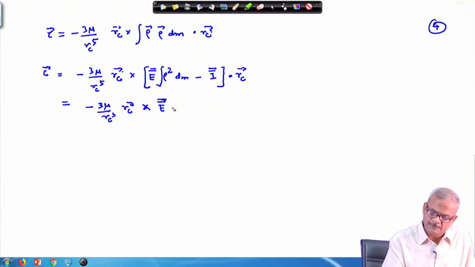E double bar dot R c. Now, we break this bracket and this is minus and then other part will be plus.